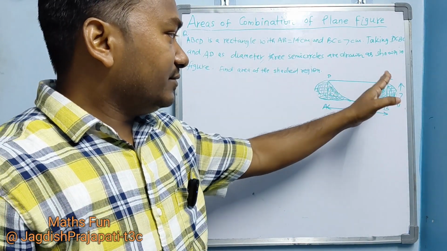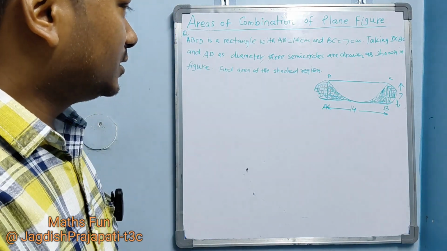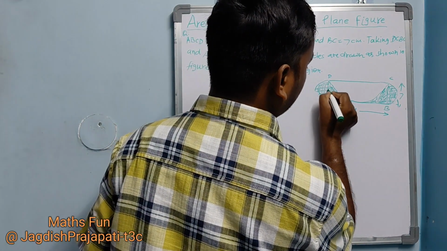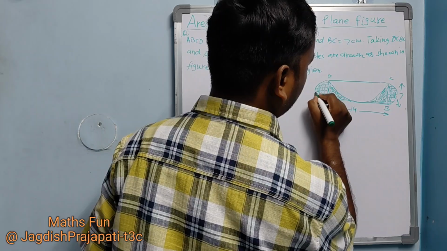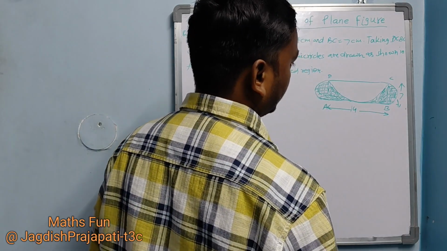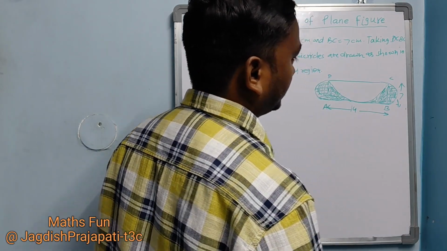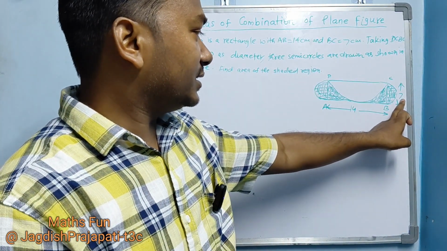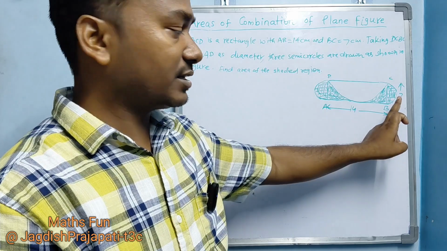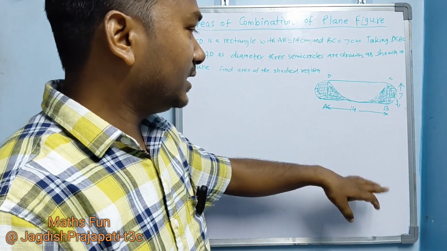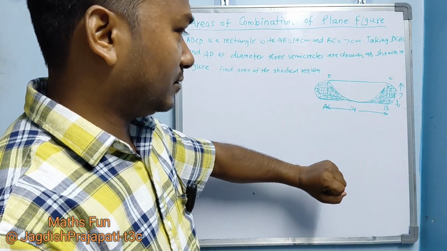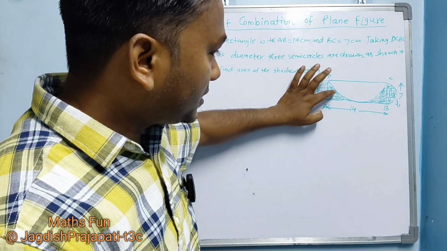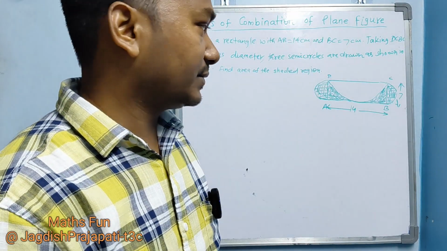This is a rectangle. ABCD is a rectangle. These two are semicircles, and this one is a semicircle. So we want this plus this plus this plus this.